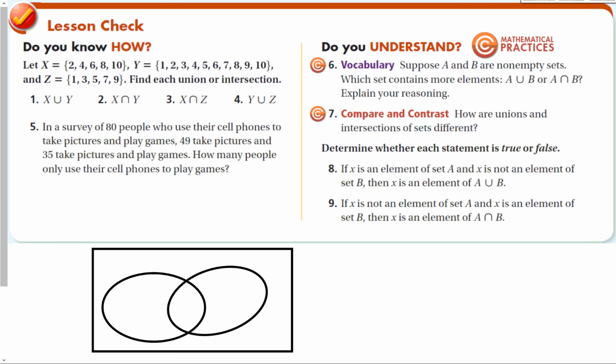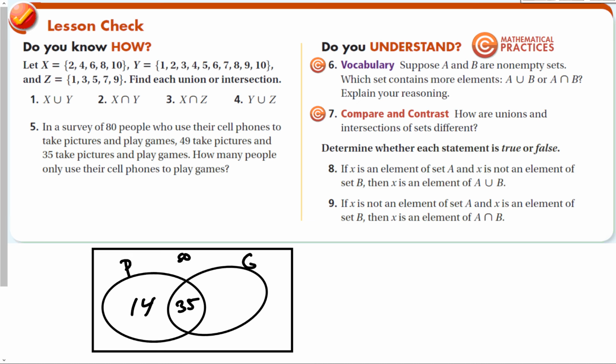The first people, cell phones to take pictures. This is games. So 49 take pictures and 35 take pictures and play games. So there's 35 people in here. Total, 49 people just take pictures. So we take the 49 minus the 35 to give me 14 people in there.